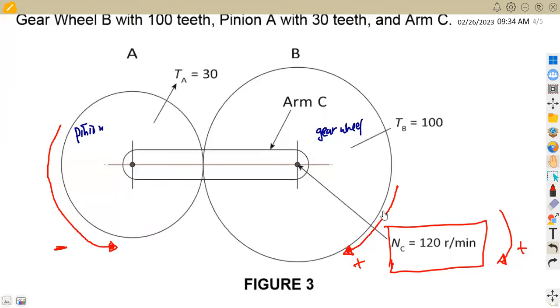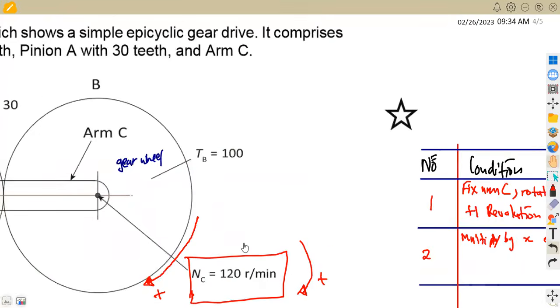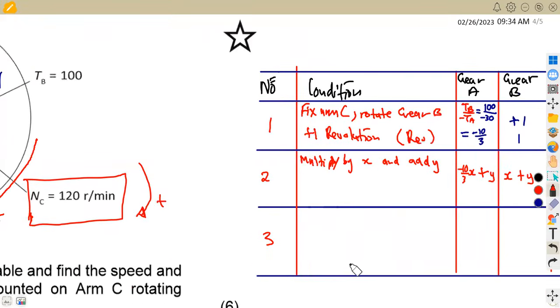So the number of revolutions for C, NC, is plus 120 revs per minute, which is clockwise. That means at B, we do not have any movement. If C is moving, then at B there's no movement. So this is going to be 0 revs per minute.